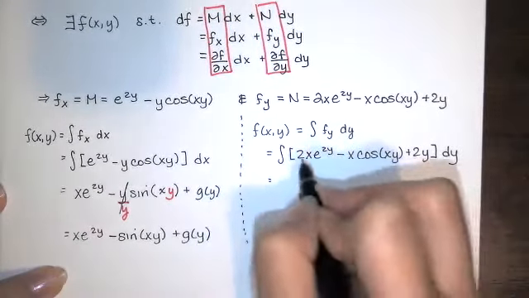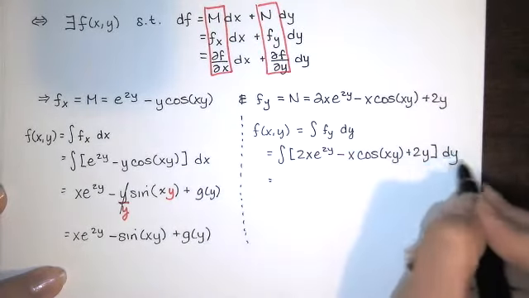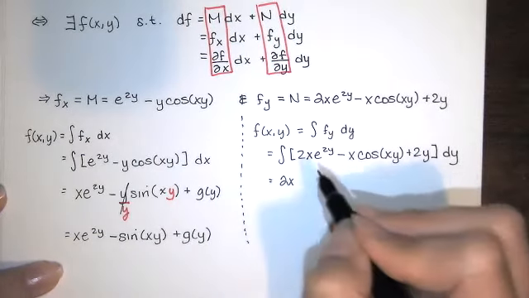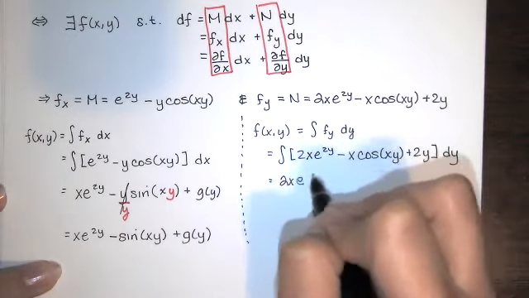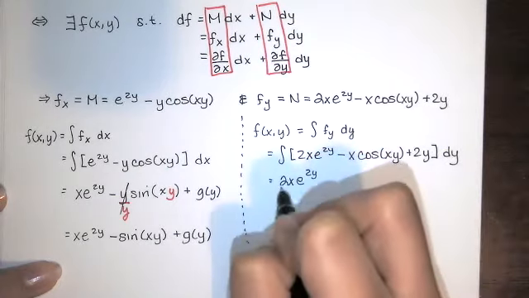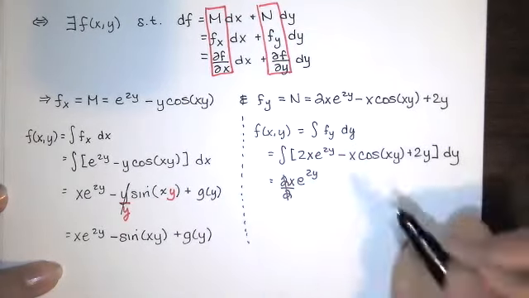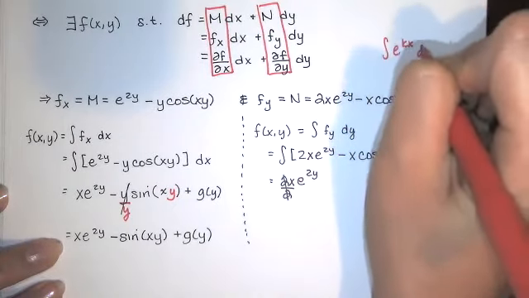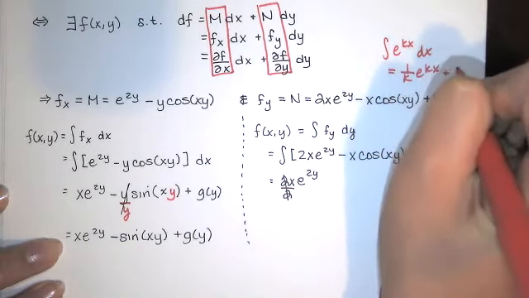So first thing I'll do is I'll bring down this constant. x is being treated as a constant this time because we're anti-differentiating with respect to y. The antiderivative of e to the k times y is e to that power, and then we have to divide by the k. Just as a reminder, the antiderivative of e to the kx is 1 over k times e to the kx plus c.